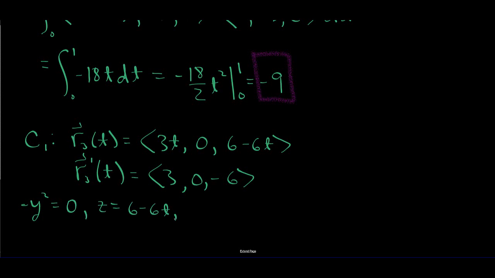And then finally on the end, x, and that's equal to 3t. So it looks like we have 0, 6 minus 6t, and 3t. Because this is negative y squared, this is z, and then this is x.